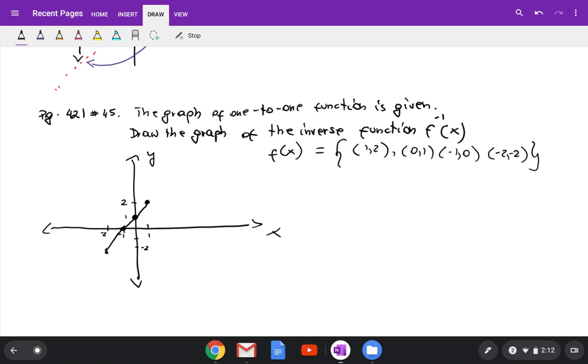Okay. And you have to draw the inverse function. So for the inverse function, what I recommended is to just switch the order of the original coordinates.